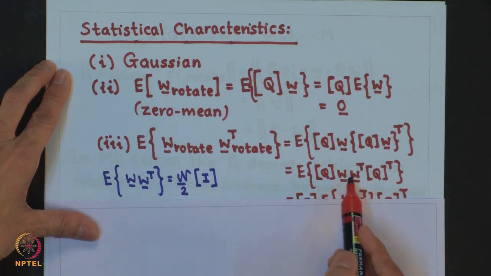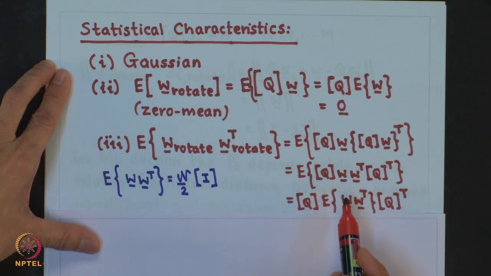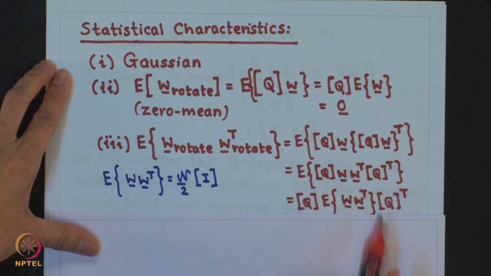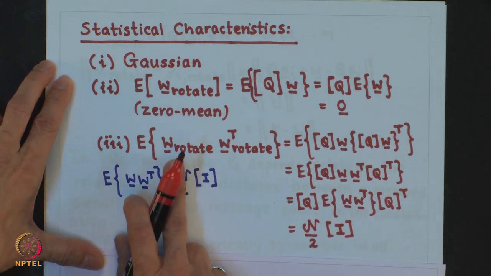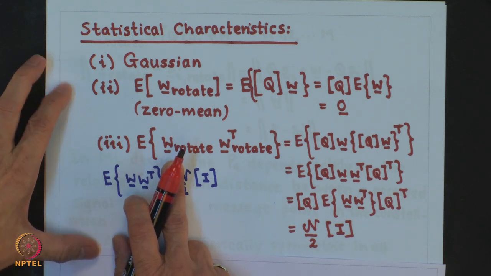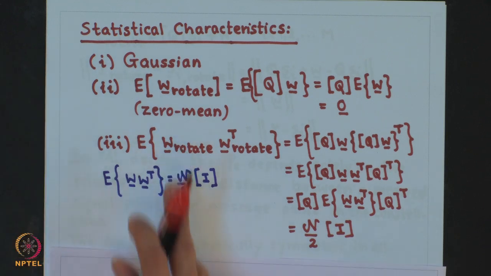So, if I substitute this out here, what I will get from here is this quantity, because remember this is the identity matrix, and then this is also multiplied by this again identity matrix. So, you get this. What this shows is that our rotated noise vector statistical characteristic remains unaffected.